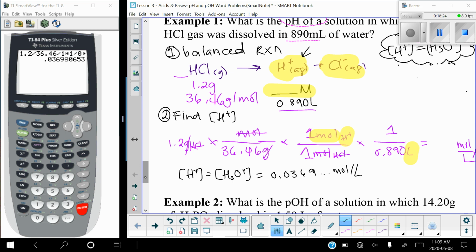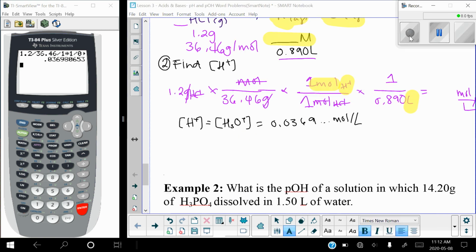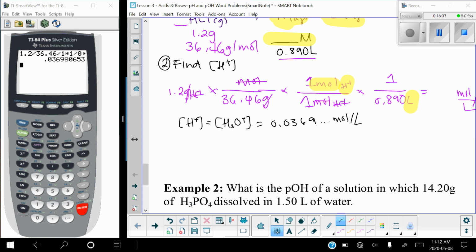Great. Now that we have this concentration, we use our flow chart to find pH. Okay, so now that we have something that relates to our flow chart, we can use our flow chart to determine the pH of the solution. So step 3 is use the flow chart.